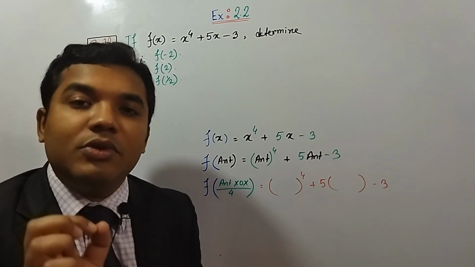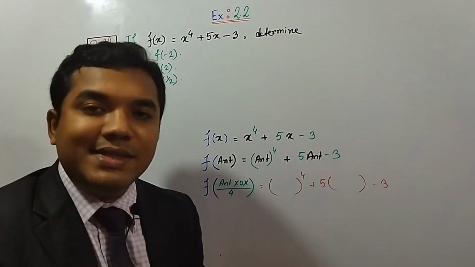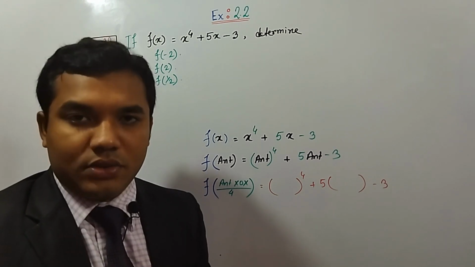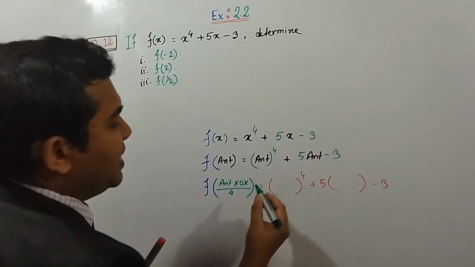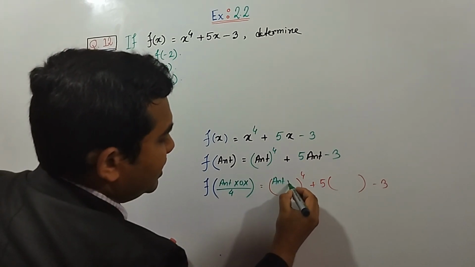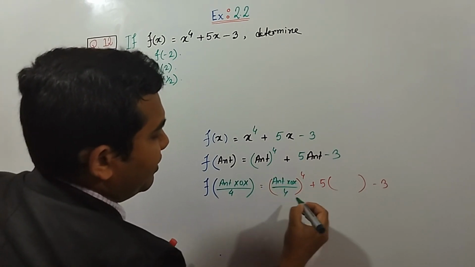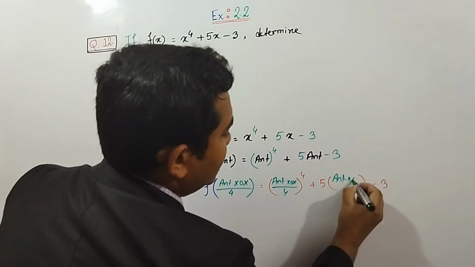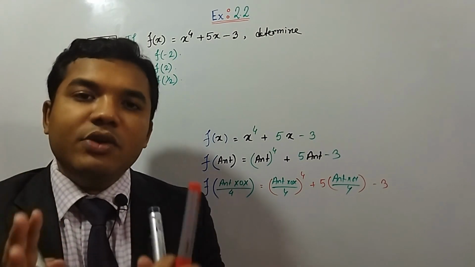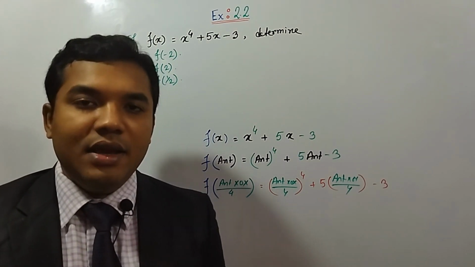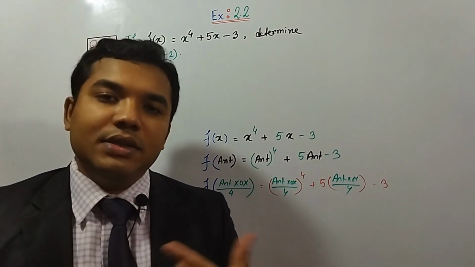You have to think about the function first, which type of function we are trying to focus on. So here x has been replaced by ant into ox divided by 4. My dear students, I think you all can understand very clearly what the function actually denotes.